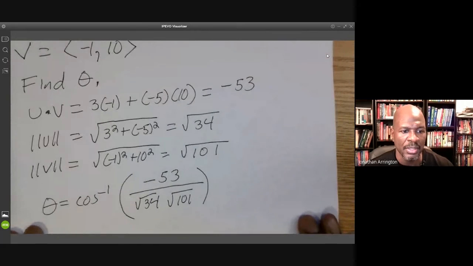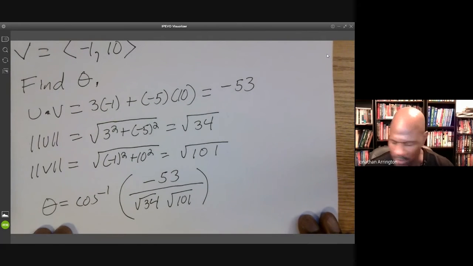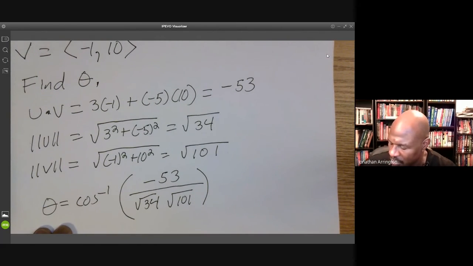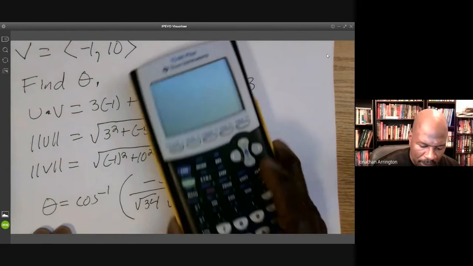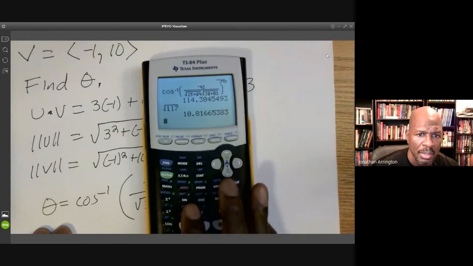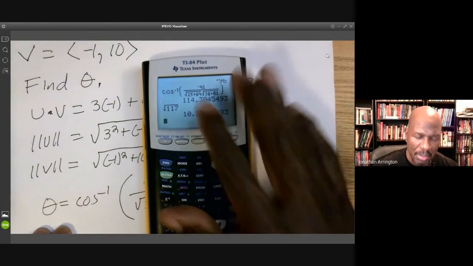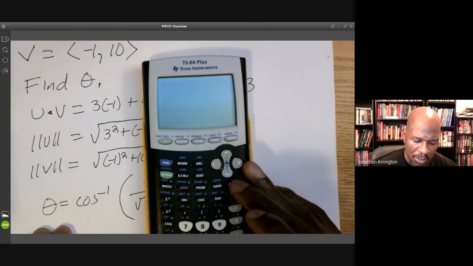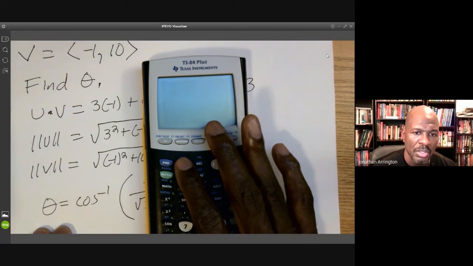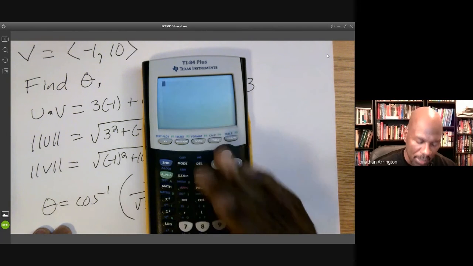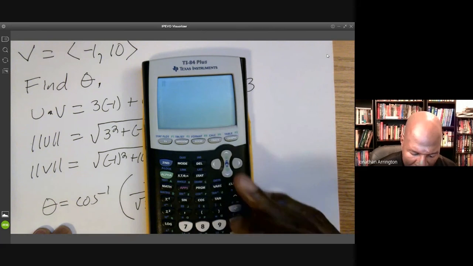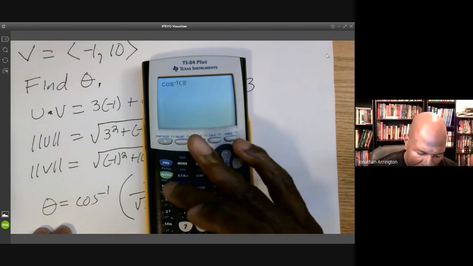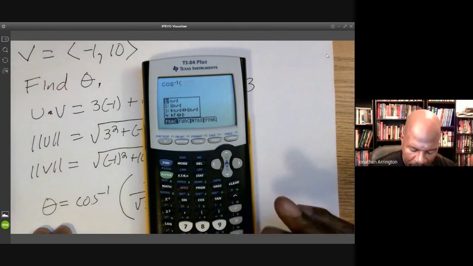All right, so that's the calculation I need to make to find the angle between these two vectors. So let's go ahead and find this angle. I can't wait to see what this angle is. So here's my little calculator. There I was doing some other problem. Let me clear that. Since I was doing that, I'm pretty sure I'm in degrees. I am. So let's go ahead and do the arc cosine. And let's open up a fraction bar.